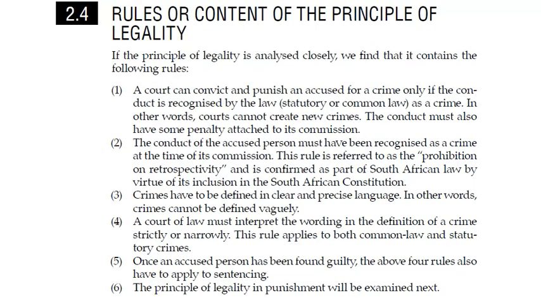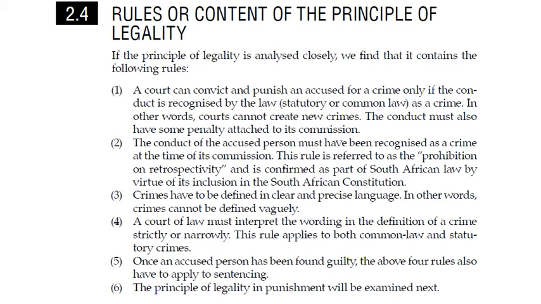So now we get to the rules or content of the principle of legality. If the principle of legality is analyzed closely, we find that it contains the following rules. A court can convict and punish an accused for a crime only if the conduct is recognized by the law, statutory or common law, as a crime. In other words, courts cannot create new crimes.